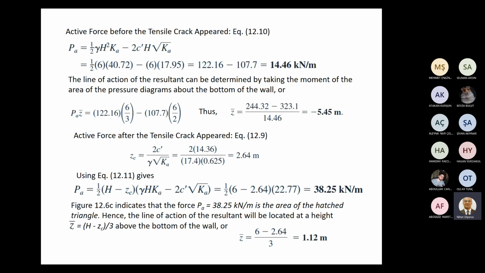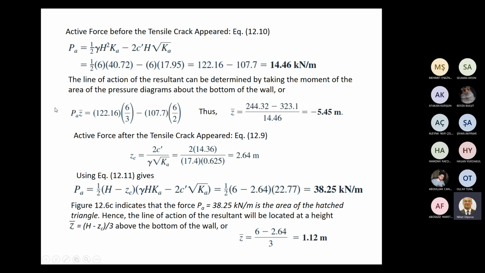Active force before and after the tensile crack. What does it mean? Before tensile crack appeared, PA will be equal to 1/2 gamma H squared Ka minus 2CH square root Ka, and is equal to 14.46 kilonewton per meter of the wall.